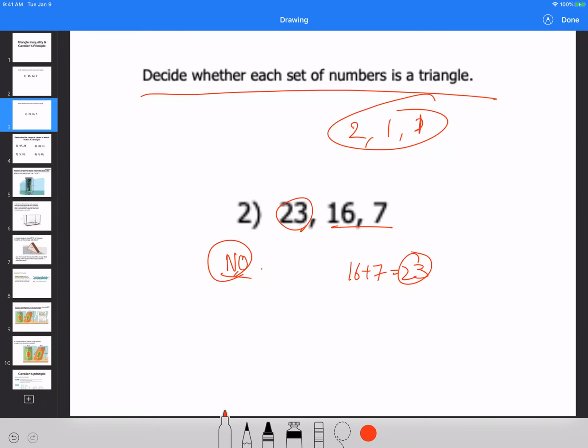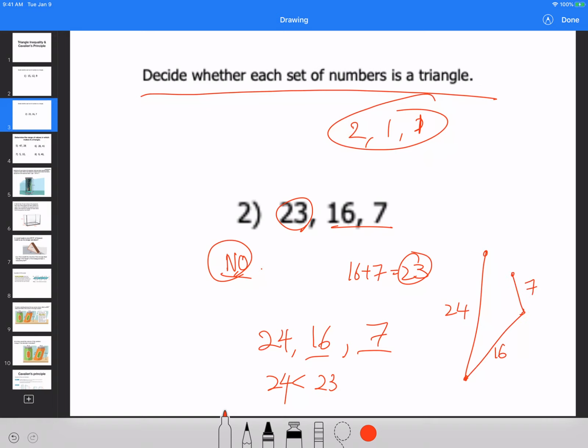If we have something like this, where the sum of the other two is less, imagine what would happen visually. 24 is this, 16 is this, and 7 is going to be like that.